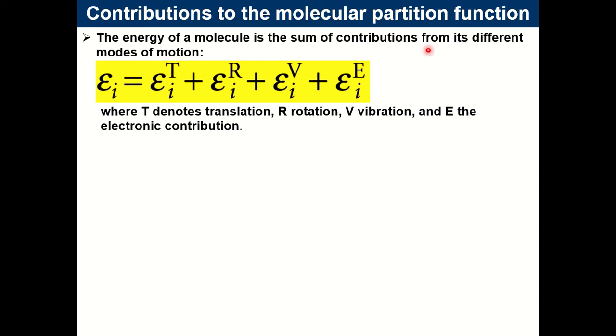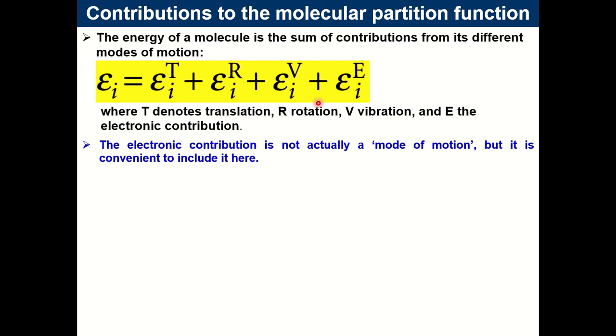The energy of a molecule is the sum of contributions from different modes of motion: translational, rotational, vibrational, and they are initially in the ith energy state, and so on. So this is the meaning of the terms that are given over here.